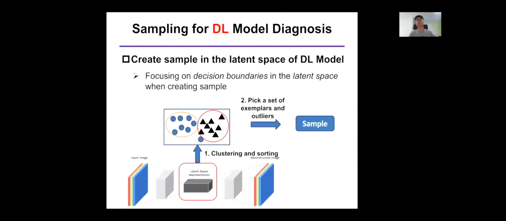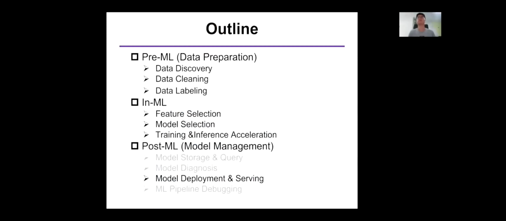And it also focuses on the decision boundary in the latent space, because there may be many important vectors to check the outliers.